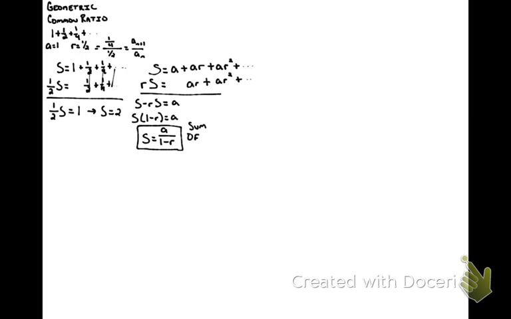Now there are a couple of stipulations about this. The first is that the common ratio must be less than 1. If r is greater than 1, that just means the numbers are getting bigger and bigger and bigger, and the sum is just growing all the time, right?